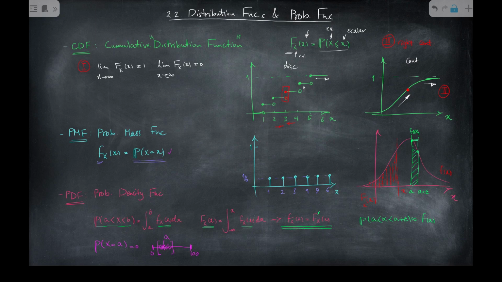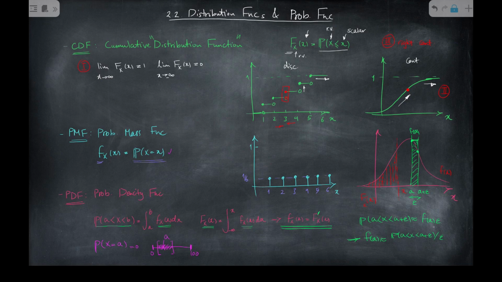So it's like having this rectangle times this value, which is epsilon. Then f of a is approximated by this probability, a scaled version of this probability. So this is another way of thinking about f of x.